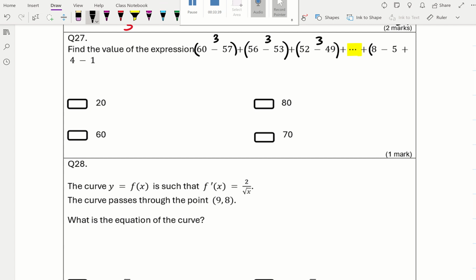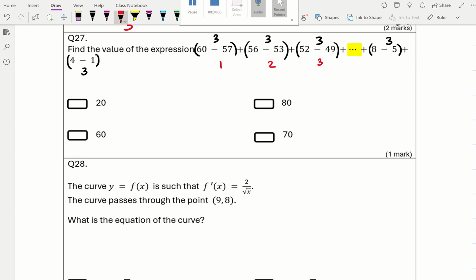And 8 minus 5 is 3, 4 minus 1 is 3. So all of these subtractions give the value of 3, and you need to note how many lots of 3 you have. So this is 1, 2, 3, and you need to keep going.